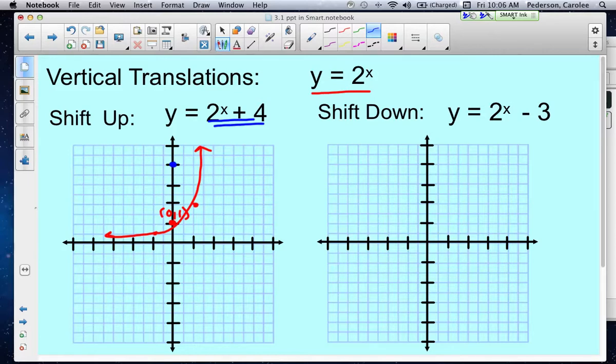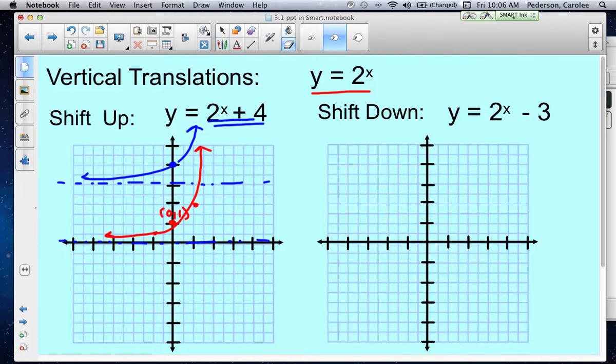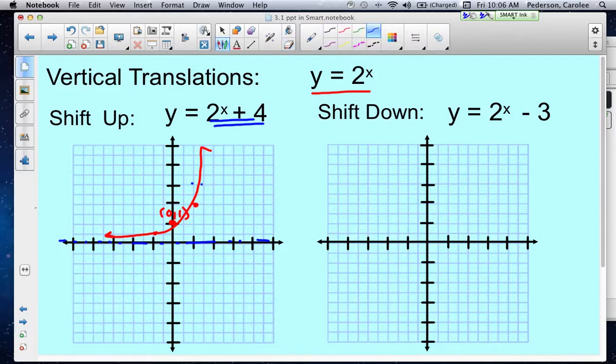And then where would be my asymptote then? Normally it would be here. One, 2, 3, 4.